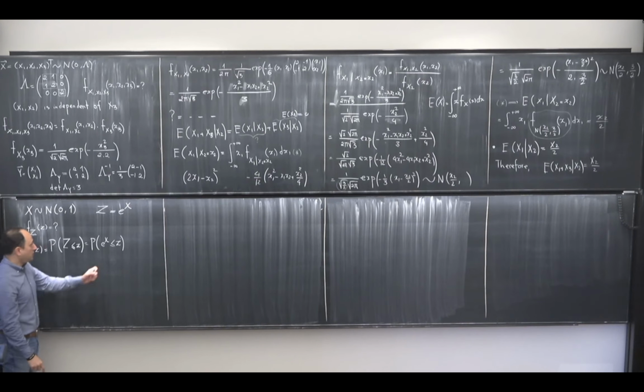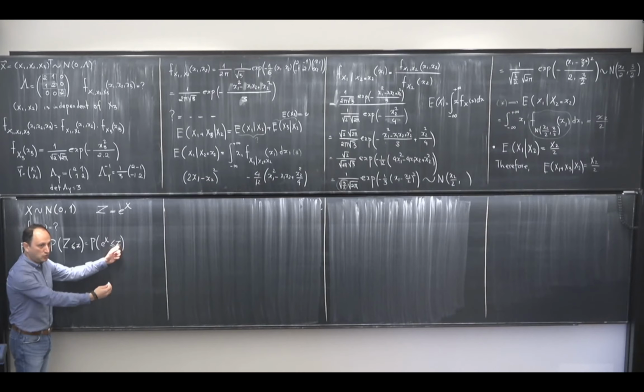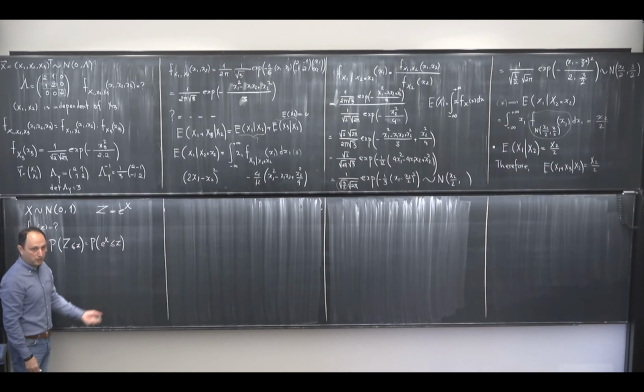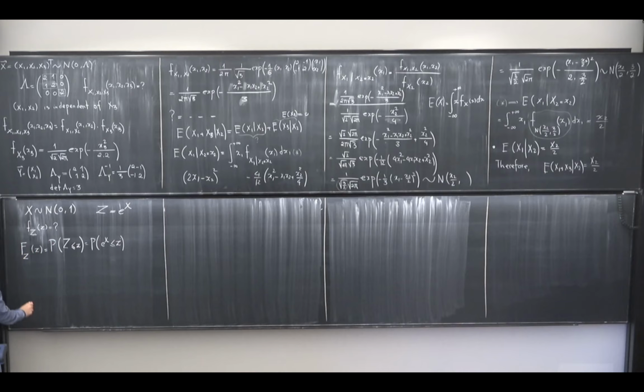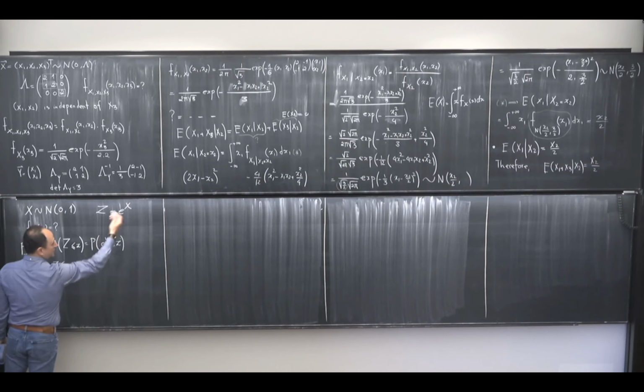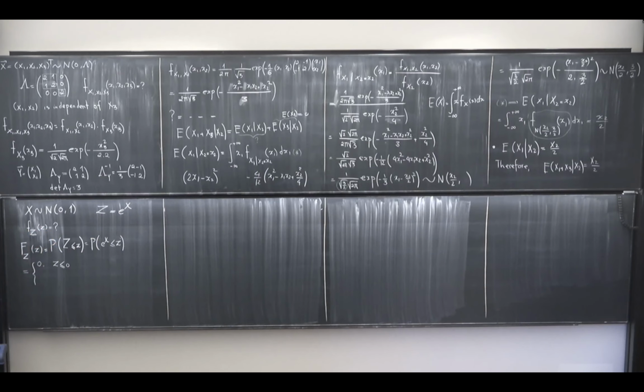So you have to sometimes discuss the situation. One possibility is that z is 0 or negative. In that case, what will happen? This becomes equal to 0 if z is less than or equal to 0, because this cannot happen. e to the X is non-negative, which might be the reason that they have mentioned it. So for z less than or equal to 0, the probability of this thing to happen is 0.